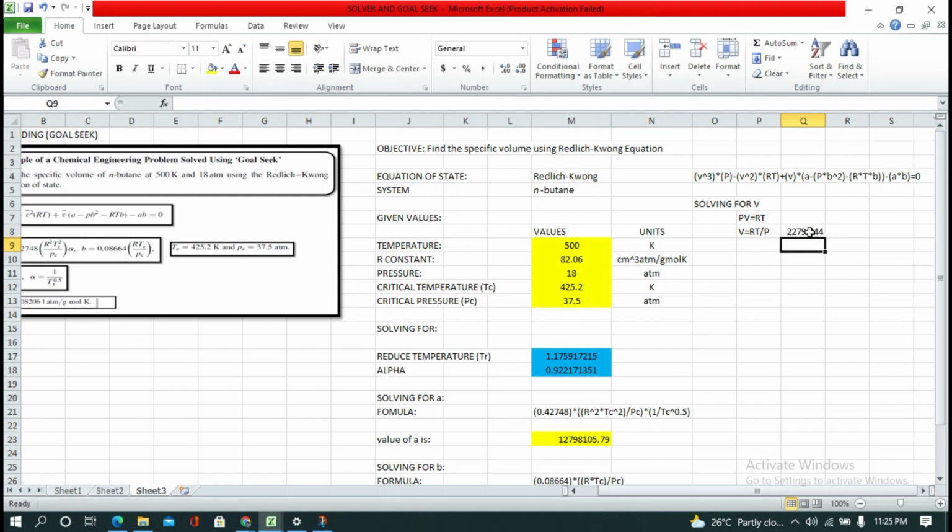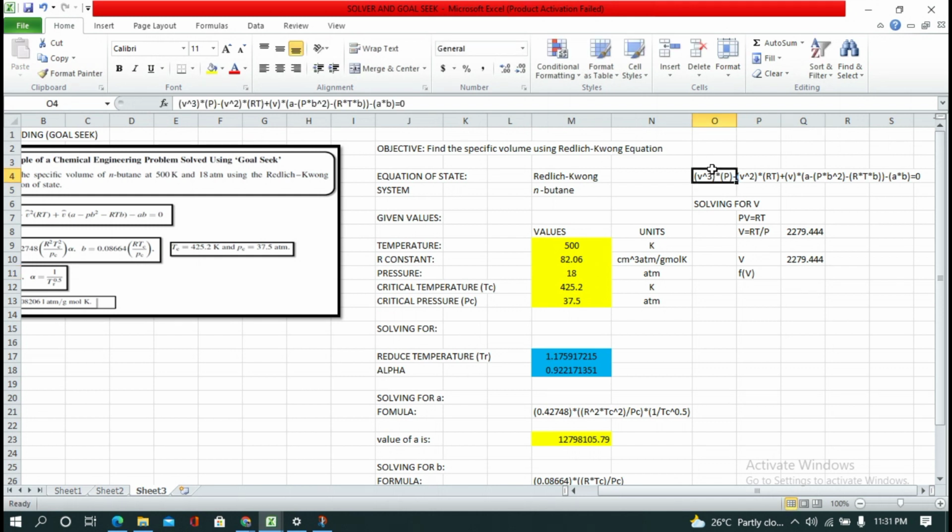So our initial value for the volume is 2279.444. And our F of V is represented by the Redlich-Kwong equation in here.